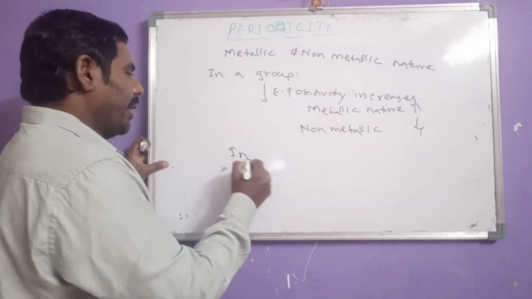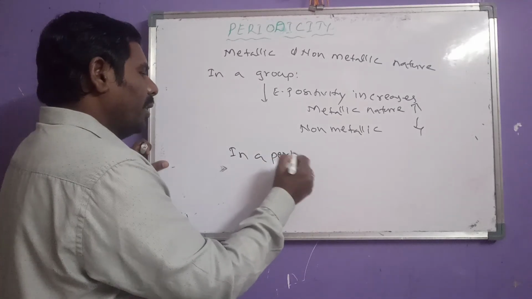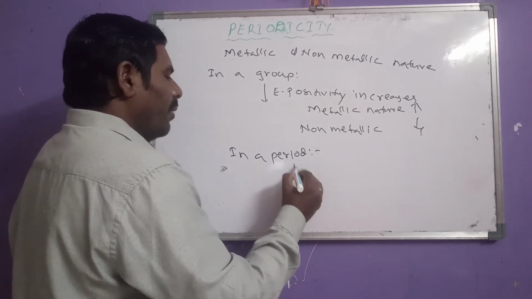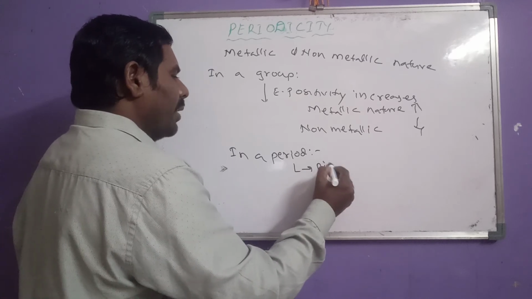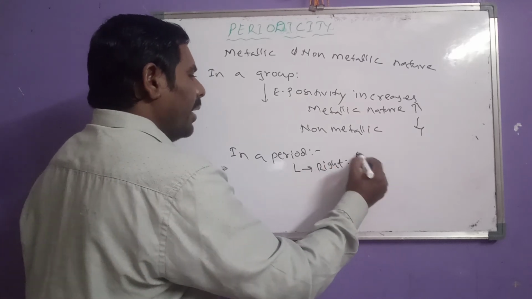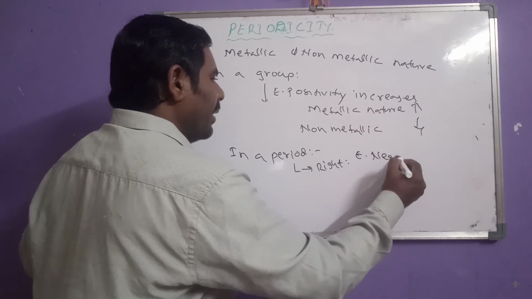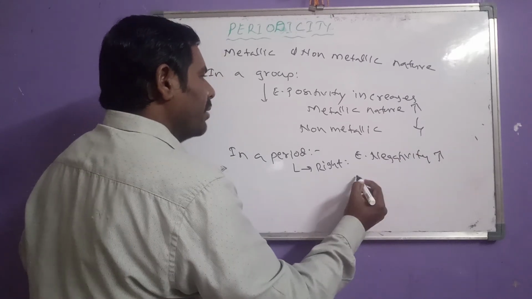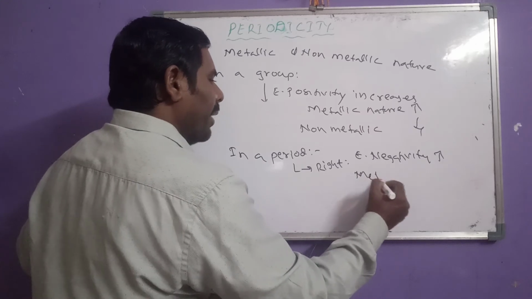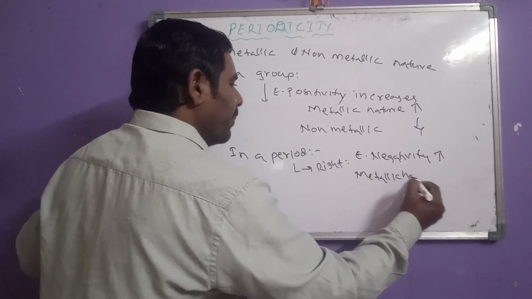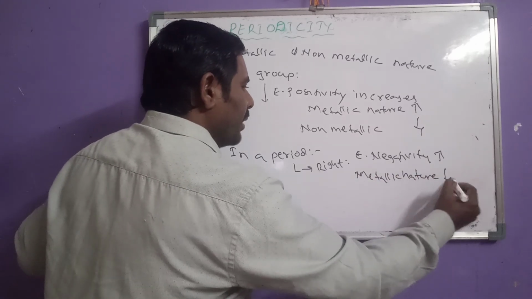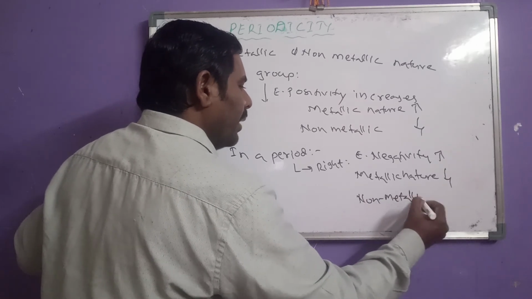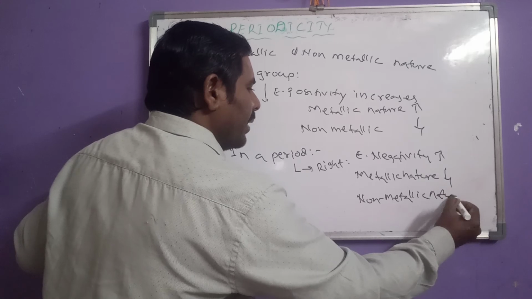Now in a period, contrary to the above statement, in a period from left to right, electronegativity increases. As electronegativity increases, metallic nature decreases, but non-metallic nature increases.